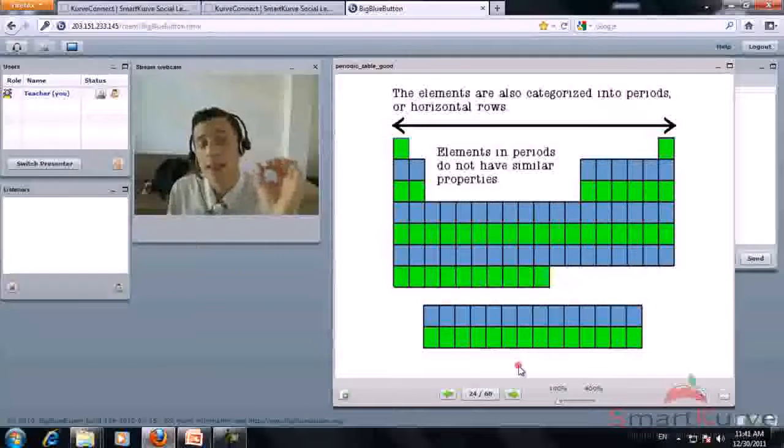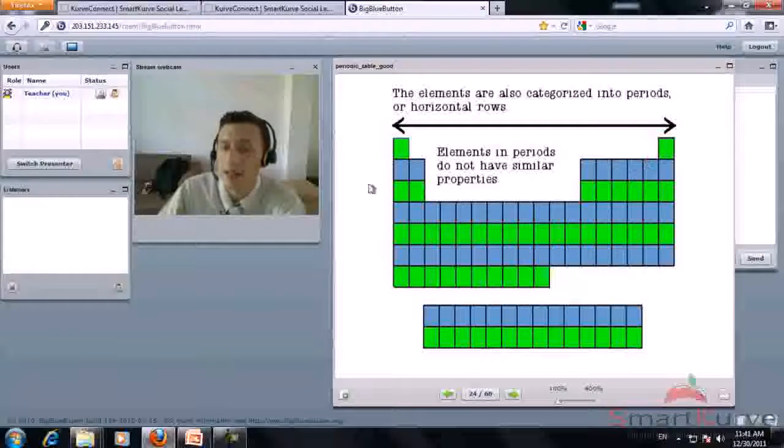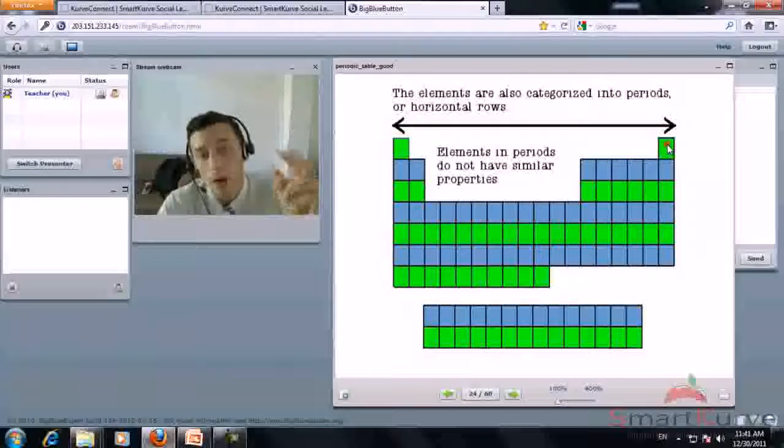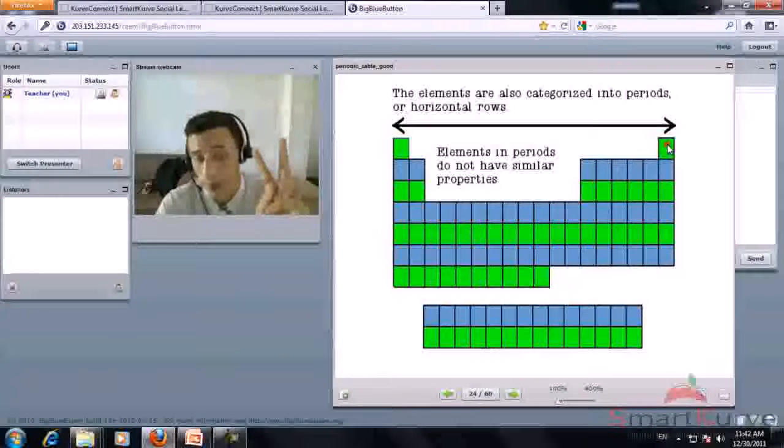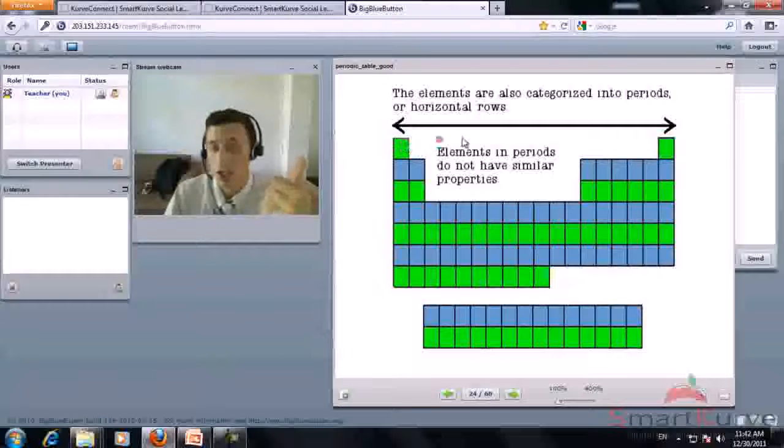But they do have the same number of shells. For example, let's look at the first row, the first period, hydrogen and helium. Hydrogen and helium are both going to have 1 shell. Hydrogen will have 1 electron in that valence shell. Helium will have 2.